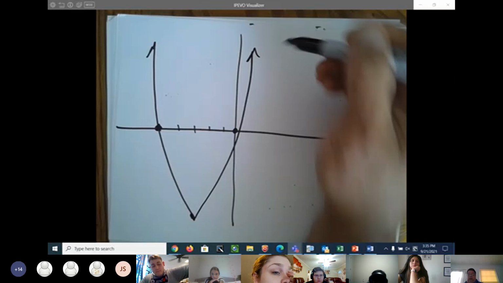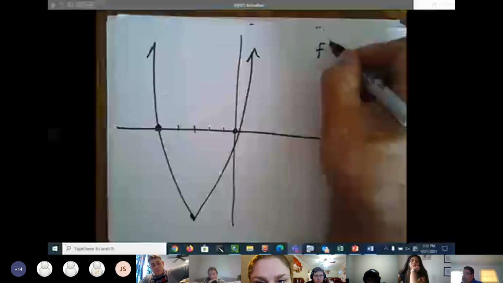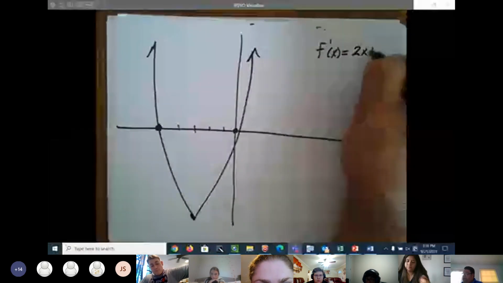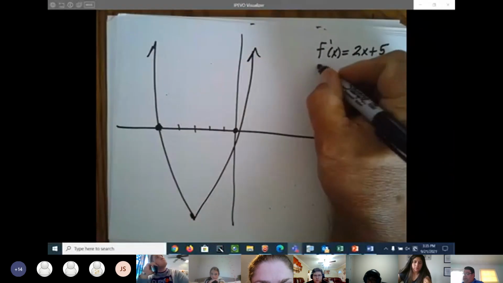And what is this 2x plus 5? F prime of x is equal to 2x plus 5. Well, I'm fixing to tell you. The derivative, that's what this is called.